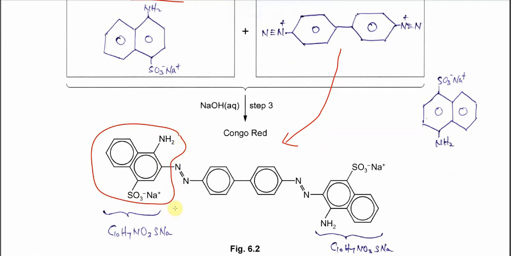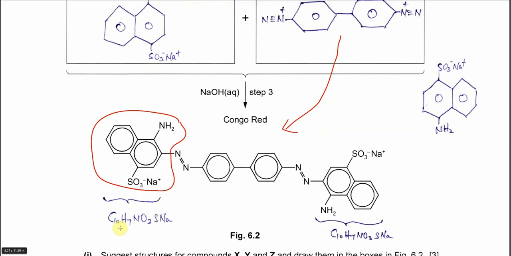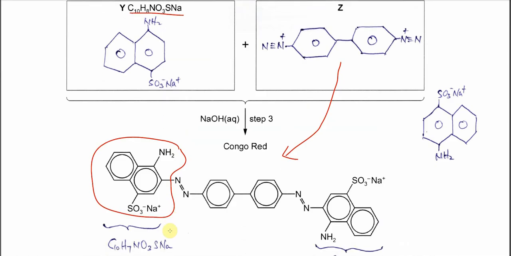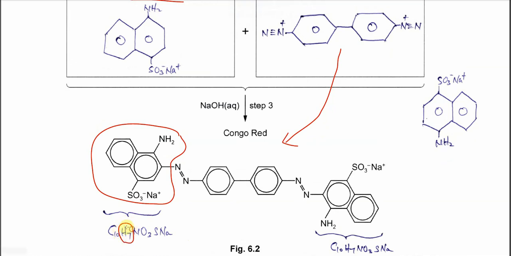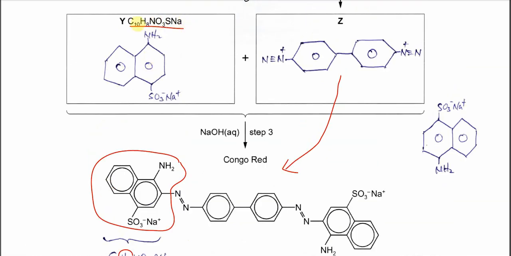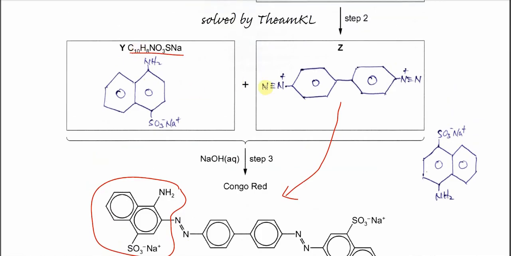If you count this part, you get C10H6NO3SNa, which is 1 hydrogen different from this Y. There is a reason: when the benzene diazonium ion reacts with Y, it actually uses this part and this part. So I will show you the two reactions, how it can be done.